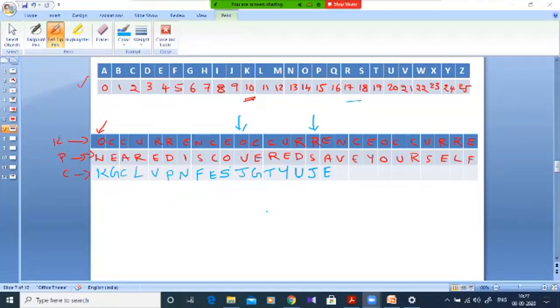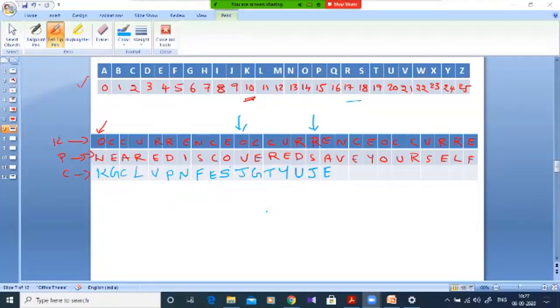Okay, no problem. Is it visible now? It's loading, sir.